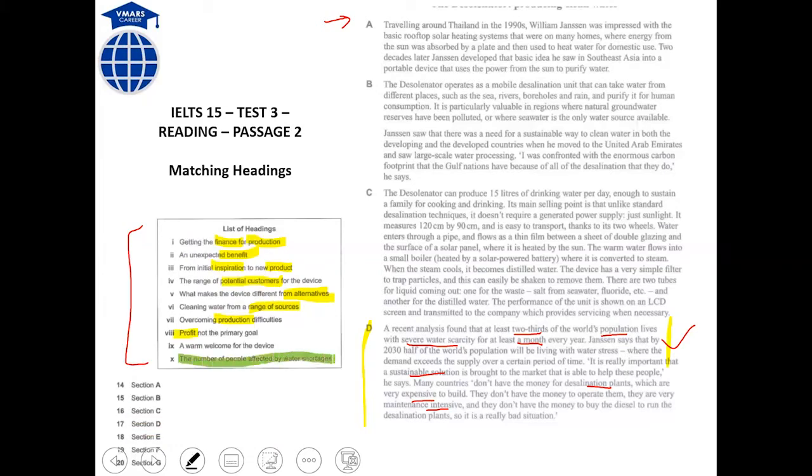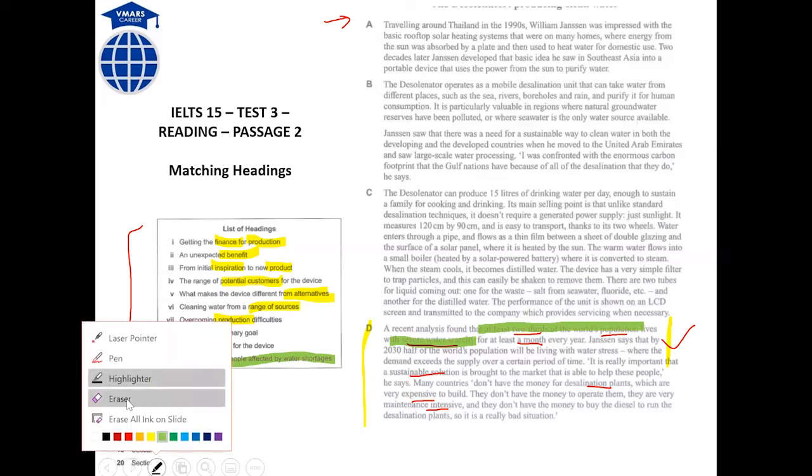If you read the line, at least two-thirds of the world's population, water scarcity. Scarcity is actually shortage, and the number of people is two-thirds, which is clearly mentioned in the paragraph.